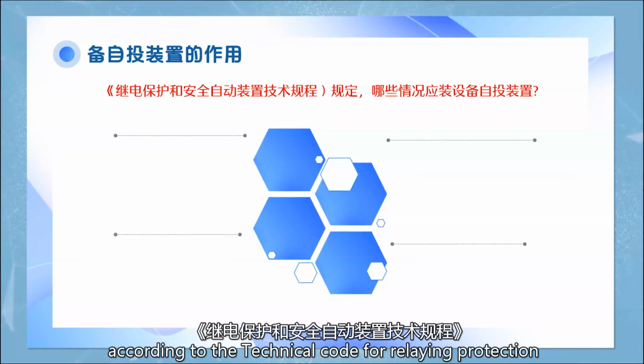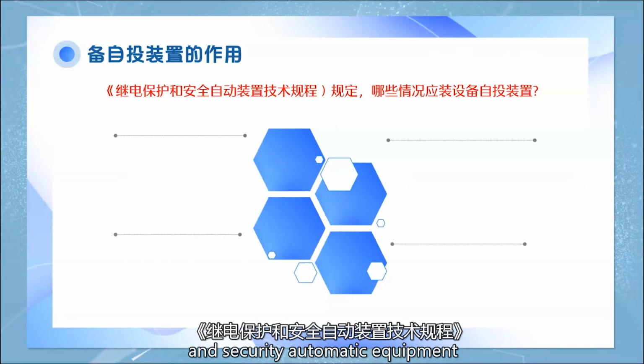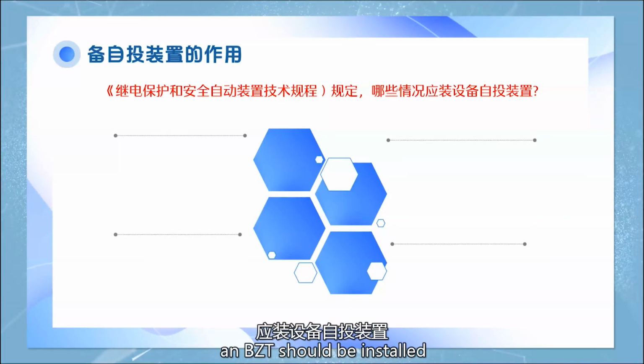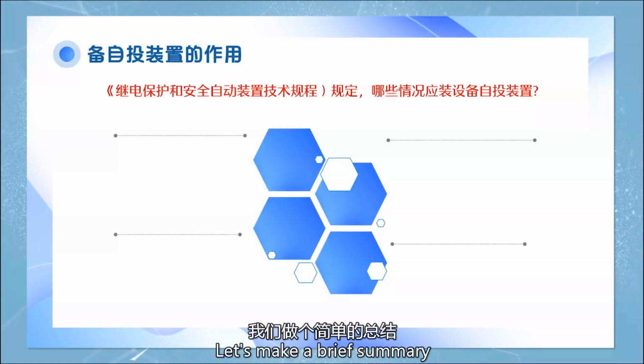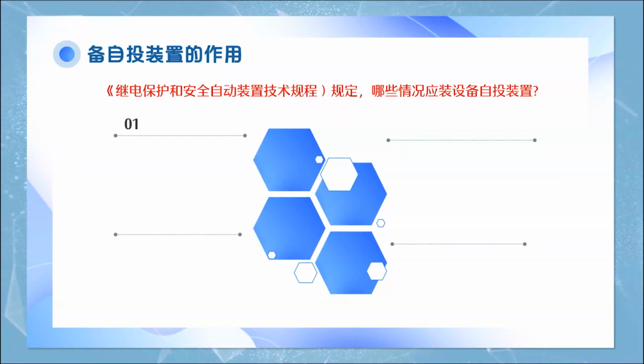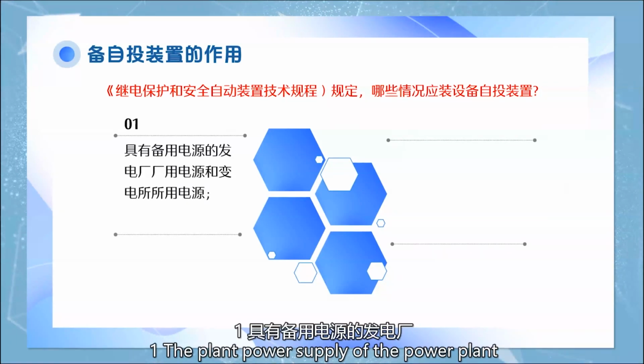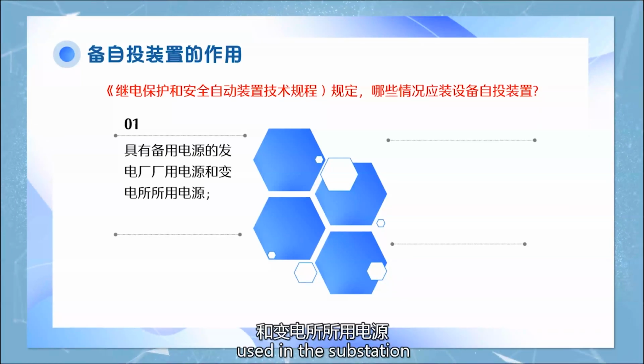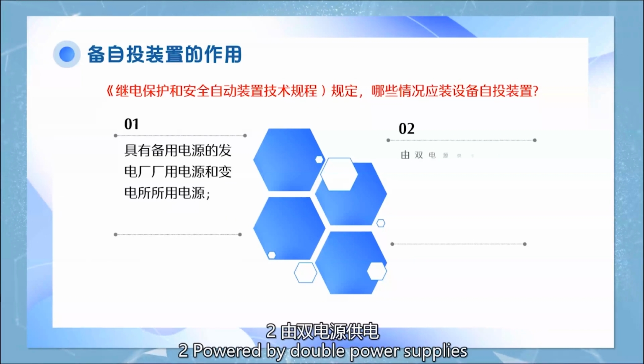According to the technical code for relaying protection and security automatic equipment, in which cases a BZT should be installed, let's make a brief summary. 1. The plant power supply of the power plant and the power supply used in the substation with standby power supply. 2.